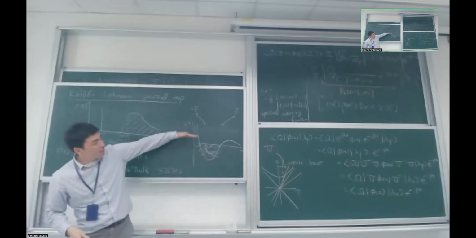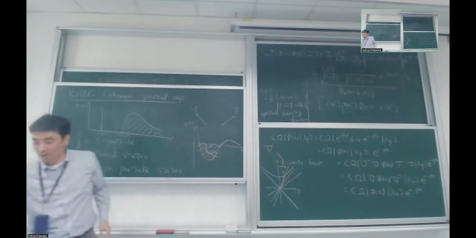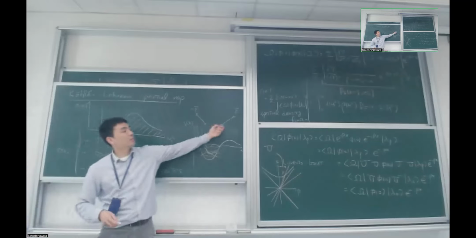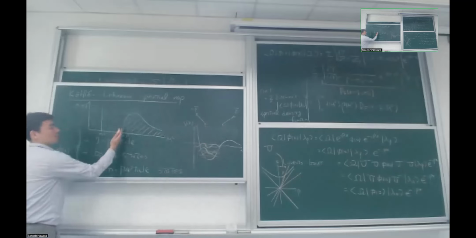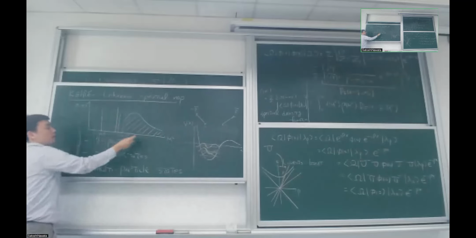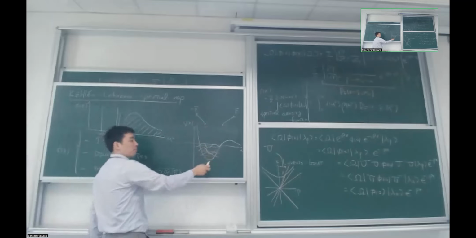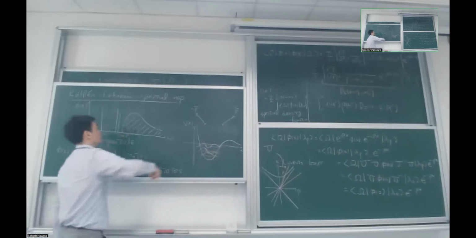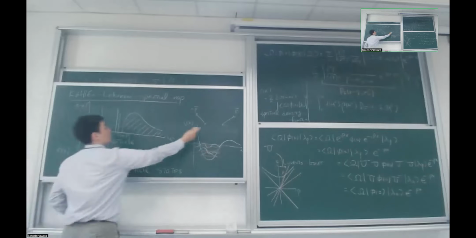In any case, what I meant is that due to the potential, it's trapped below zero, right? So it is less than the sum of the masses of the two-particle states, which means it's less than 2m squared for bound states. If you are trapped inside, below the potential zero, the total energy is less than the sum of the two particles.